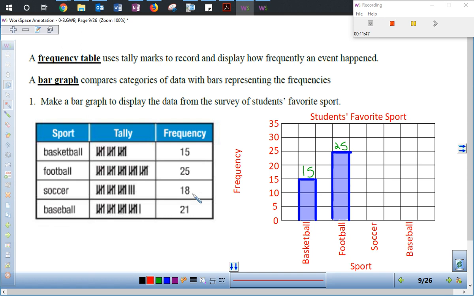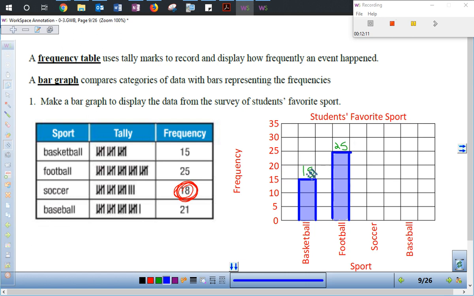Soccer is the next frequency. Now, soccer said 18 people said that was their favorite sport. So I get my straight edge and I want to find soccer here. Well, if you'll remember, our scale went by fives, and 5 is not a number that goes into 18 very nicely, so we have to estimate here.